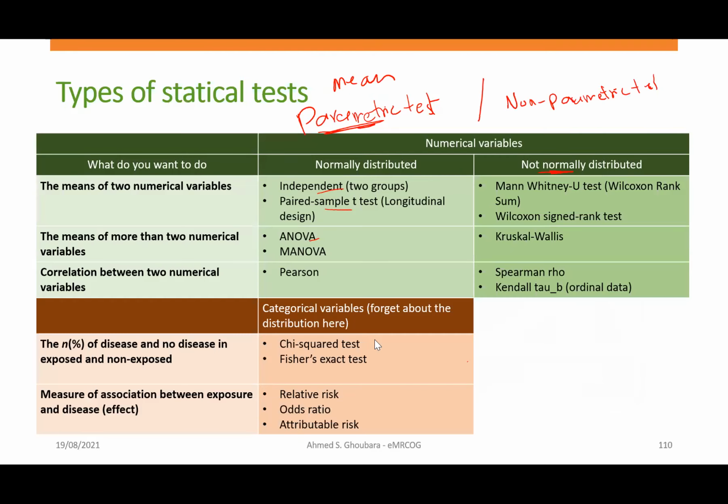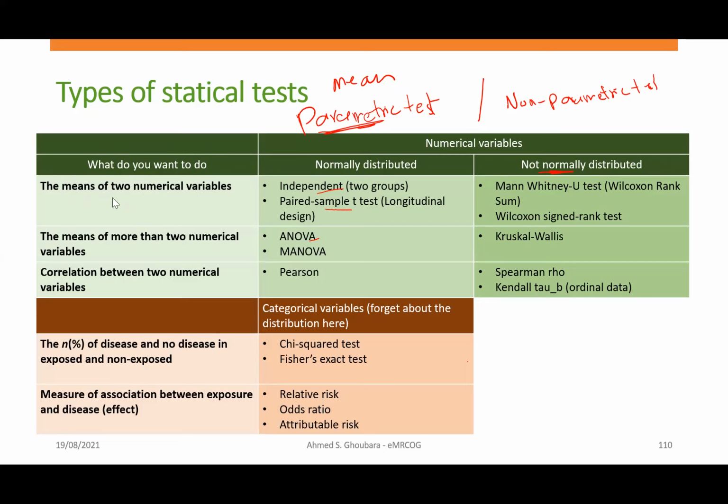So what about the types of parametric tests and non-parametric tests? As I told you, if the data are normally distributed, we use the parametric test. So here, what do you want to do? If you want to compare the means of two numerical variables. This column on the left-hand side is a list of things that you want to do.